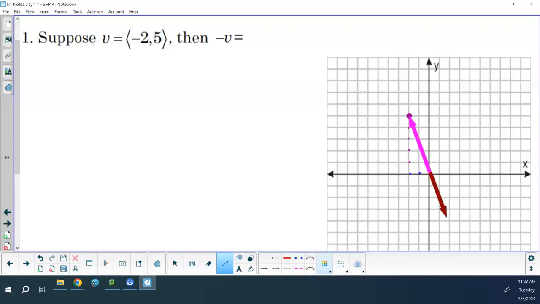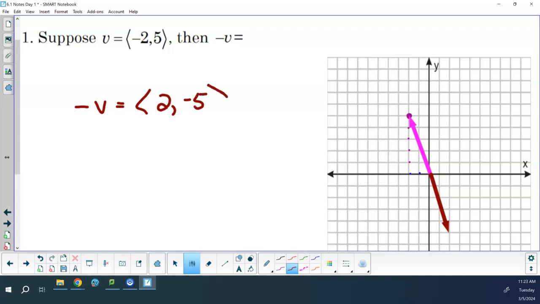There is my point that I want to get to. So the opposite of v is going to equal 2, -5. It doesn't just flip around where it's at because the direction has changed. The direction is going in the opposite way. Okay? So it needs to go down and right.